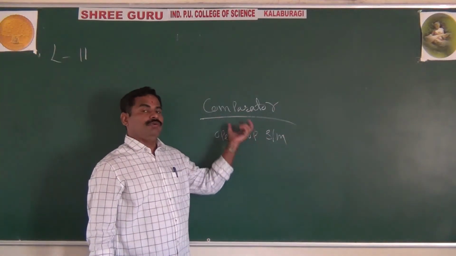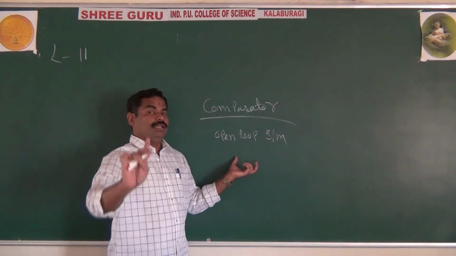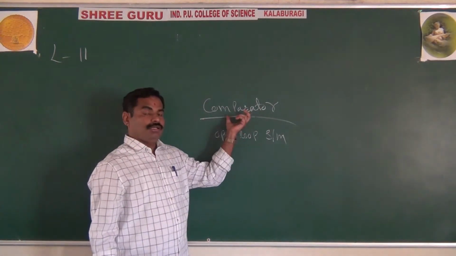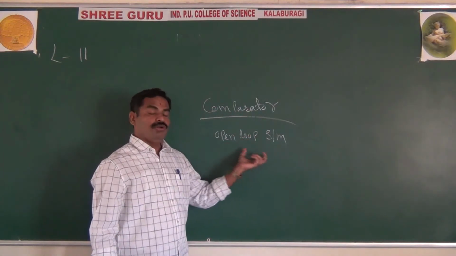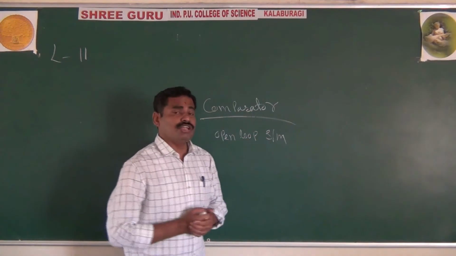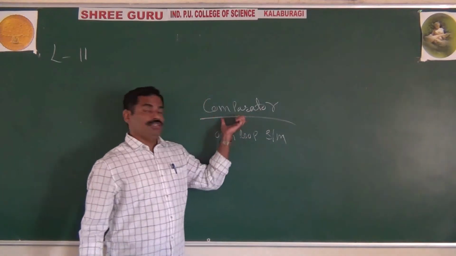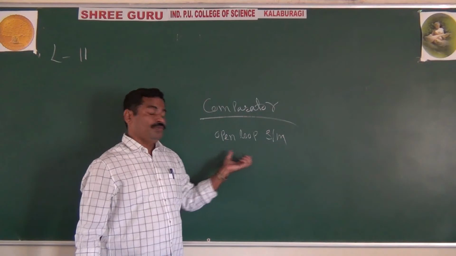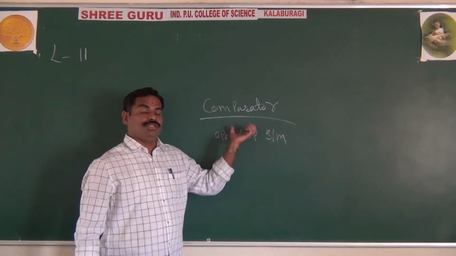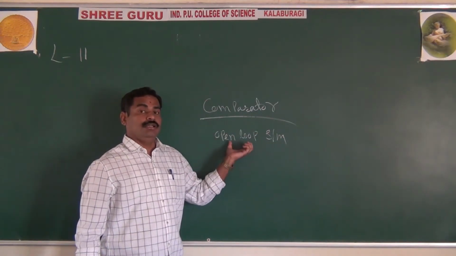It means in your comparator you are not applying any feedback. It is called an open loop system. What is a comparator? The comparison circuit or device is working on the principle of open loop system. It means in the comparator you are not applying any feedback. That is the first important thing.